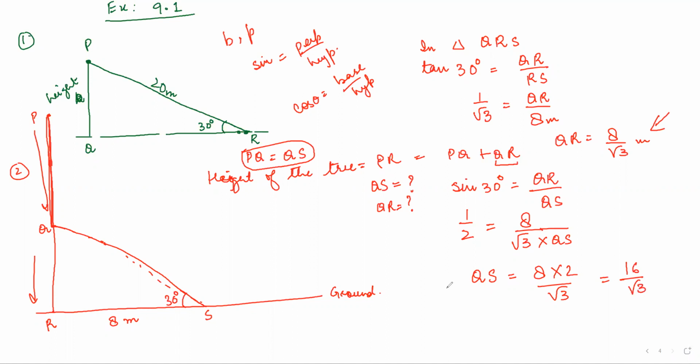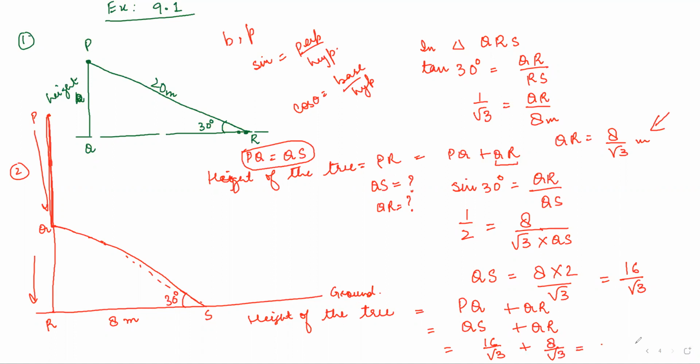So the height of the tree is equal to PQ plus QR. Now PQ is equal to QS, so height is QS plus QR. QS I have found 16 by under root 3 and QR I have found 8 by under root 3, correct?